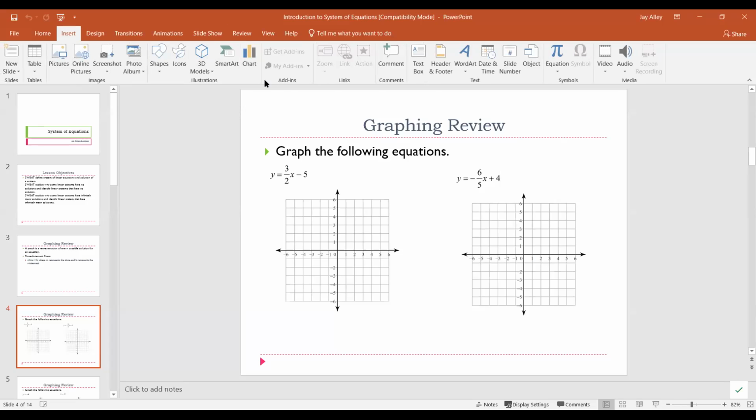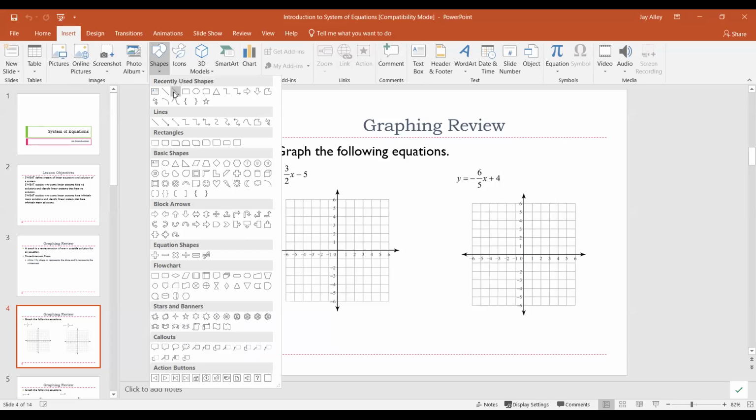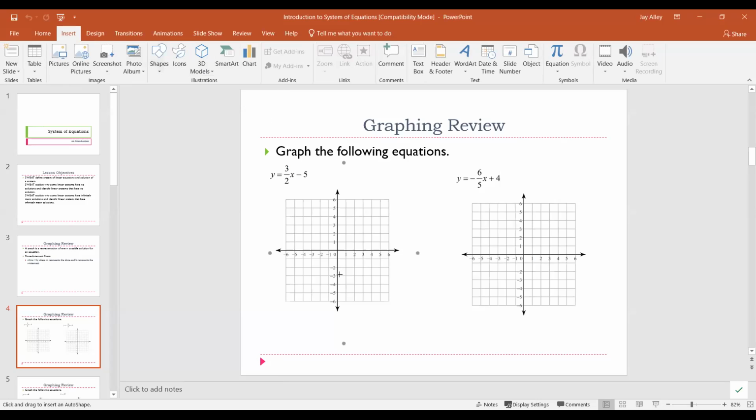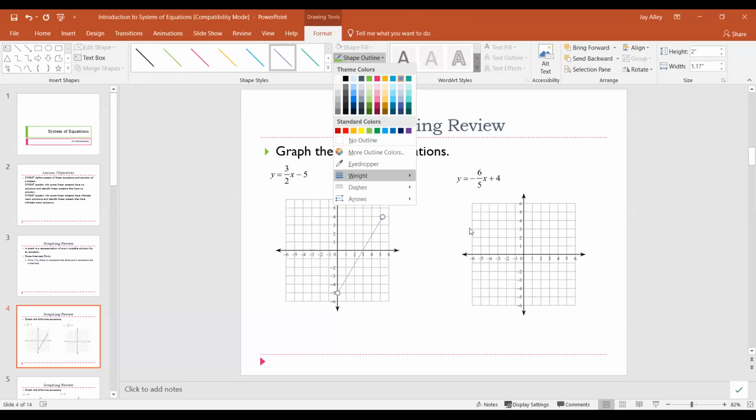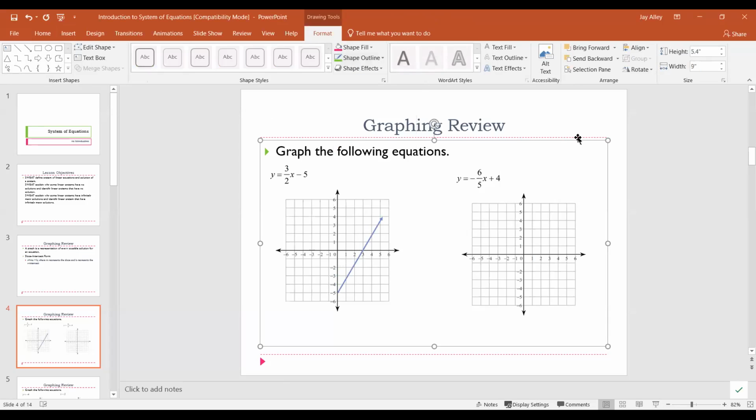When we have these graphs, I'm going to start at -5 and go up 3 and over 2 to the right. And there's my line.